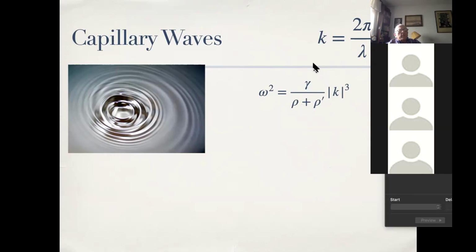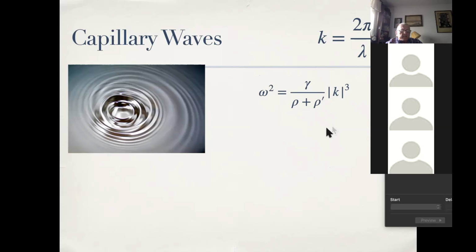The coefficient in front of it is the surface tension divided by the sum of the densities, where rho is the density of the denser liquid, and rho prime is the density of the vapor.